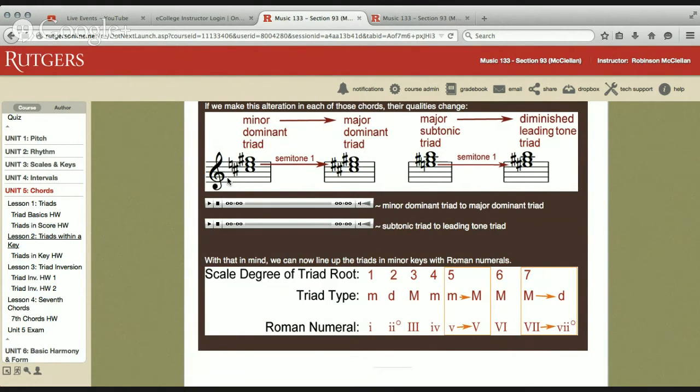This is a case where that difference between leading tone and subtonic, I know, trips people up. If you are the slightest bit uncertain about it, go back to Unit 3 and review and get really solid, because it's going to come up a lot in Units 5 and 6 also. You're going to need to be crystal clear on that distinction and how it affects these chords, because it affects the chords in two ways, as was just mentioned.